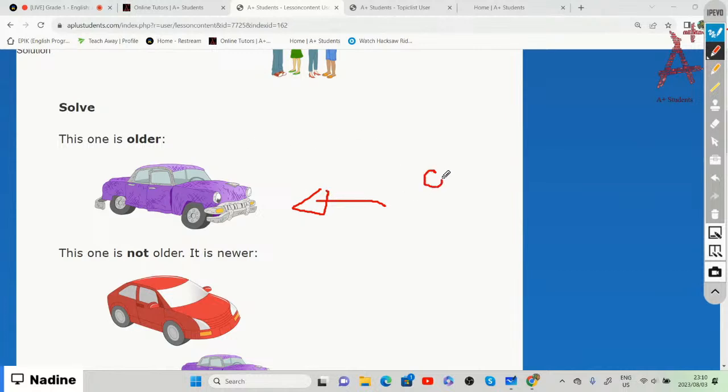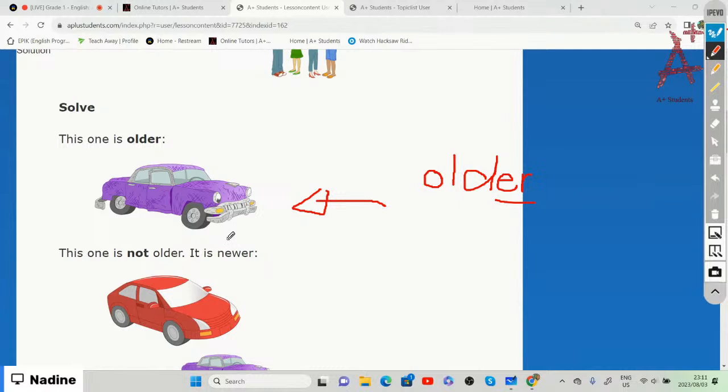So older, O-L-D-E-R, ends in er, which means that these two are only being compared to one another.